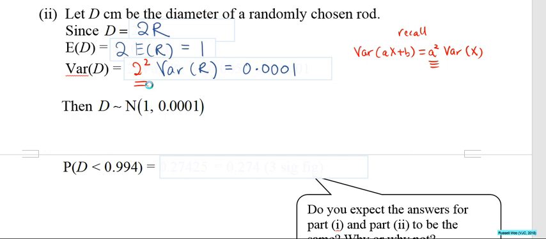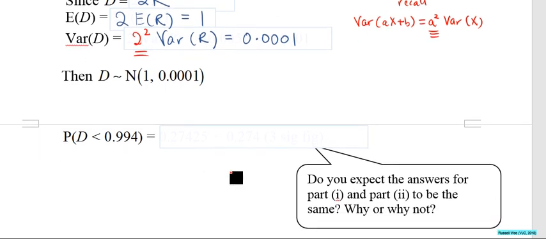Let's practice pressing your calculator and check whether it is the same as part 1. The answer to part 1 was 0.198.